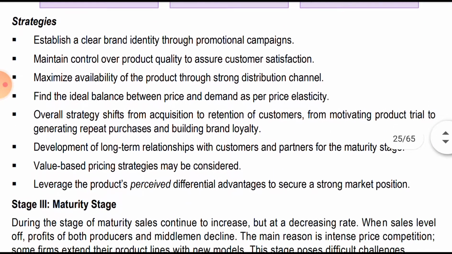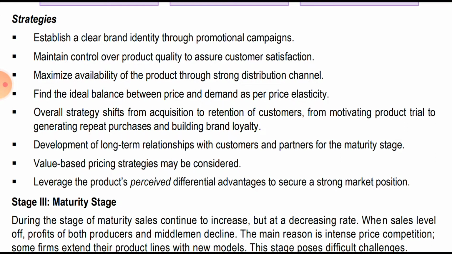What will be the strategies in the growth stage? Establish a clear brand identity through promotional campaigns, so the brand will be given proper recognition. Maintain control over product quality to assure customer satisfaction.